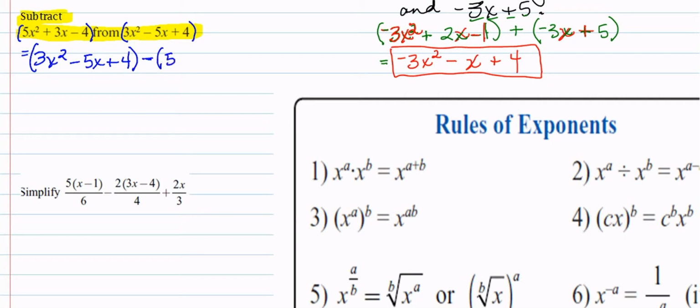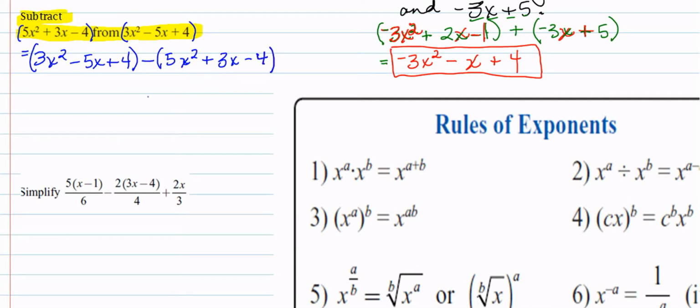Now we're subtracting, so you do need these parentheses, and be very careful with these signs, because we are about to take the opposite of three things. So let's write it out. Here's what your problem initially will look like.